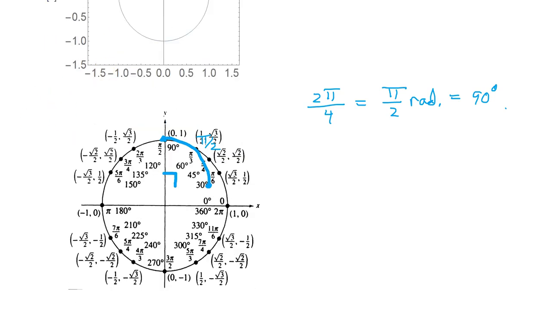Now you might also see a graphic like this from time to time. You'll see this in many calculus and trigonometry books. So here we have a unit circle representation, and you see it has listed here the correspondence between degree measure and radian measure for some common angles. For example, pi over 6 corresponds to 30 degrees, pi over 4 to 45, pi over 3 to 60, and so on.